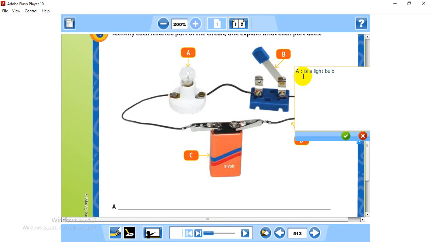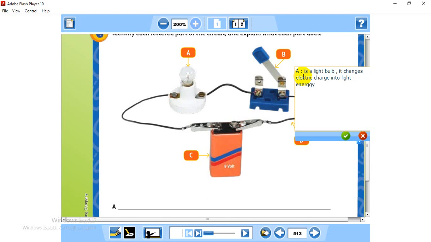To light energy. Okay, this is letter A.